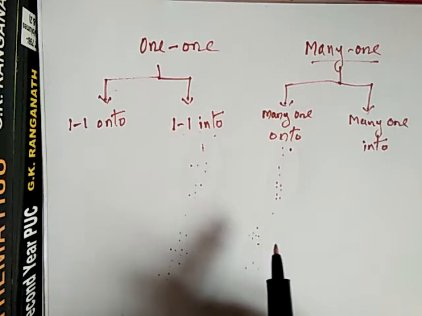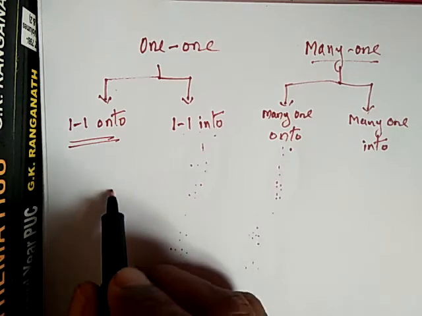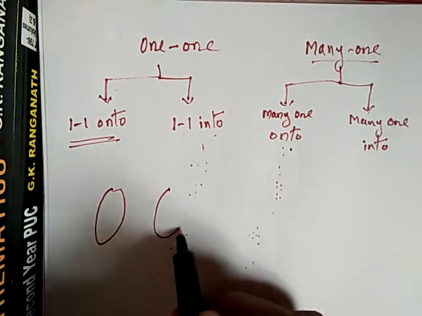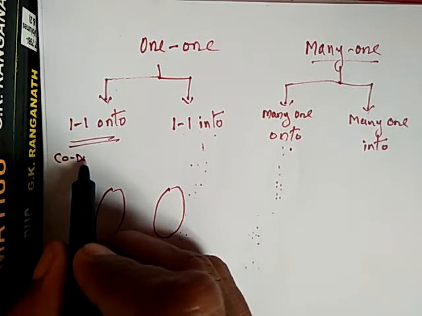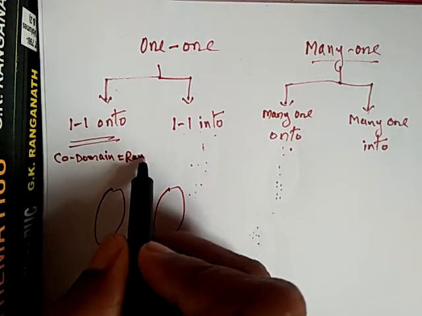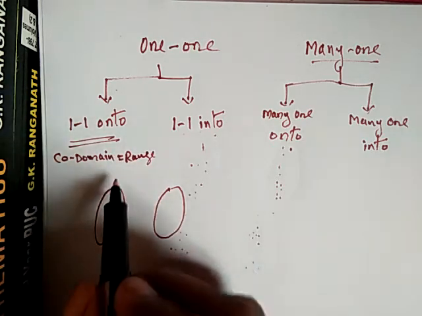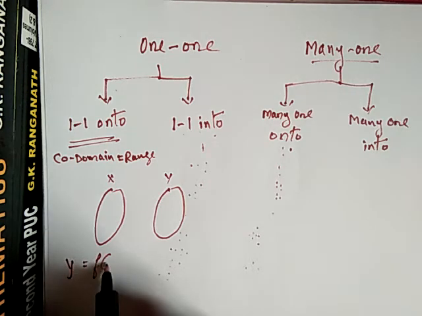So how to prove this one-one onto? Think that this is a domain and this is a codomain. In this one, codomain should be equal to range, which means y, where this is x and this is y, should be equal to f of x.